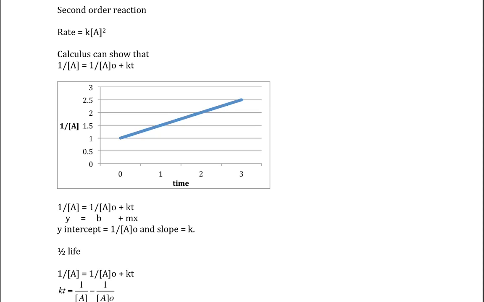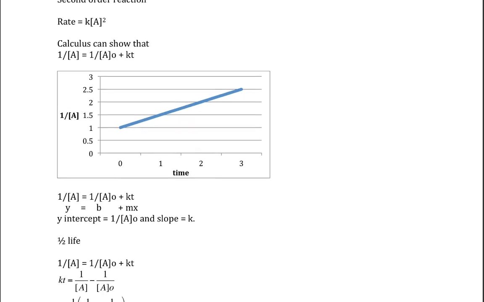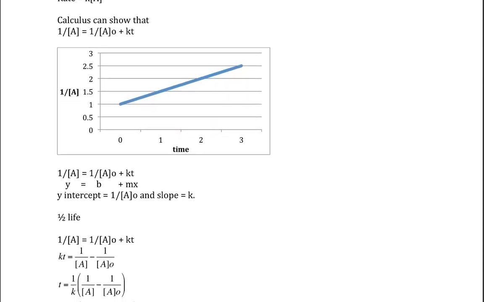So a graph of 1 over A versus time gives a linear function with a slope of K and a y-intercept of 1 over A naught, as is shown below here.